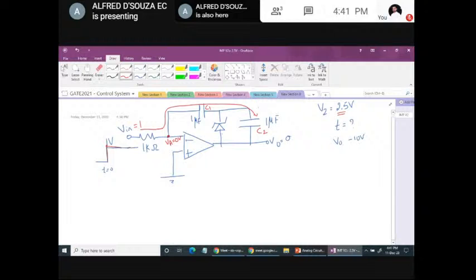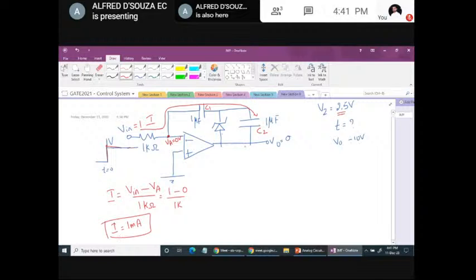So let us see at what time this charges to 2.5. For that, we'll have to find out how much is the current that is flowing. To find the current, I'll use Vin minus VA by 1 kilo, which is 1 minus 0 by 1 kilo. So current is 1 milliampere. So 1 milliampere current is flowing.